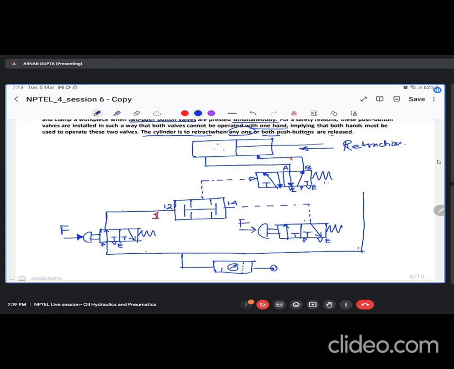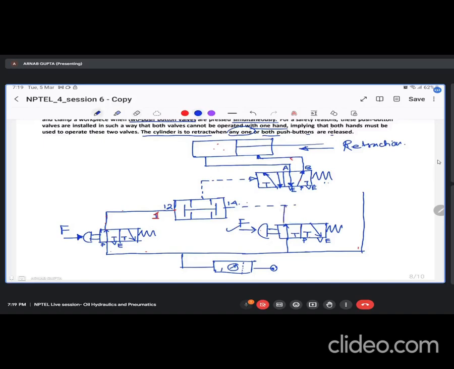What I showed previously, the same will happen if I am not pushing this one and I am pushing this one, then this will get the flow, this will not get the flow. So both are the same, so I am not drawing it again. But let's see this particular operation when both are pushed together. So what will happen now, this particular position will get activated. So here is the line, and same on this side also.